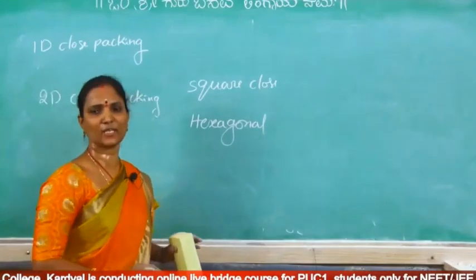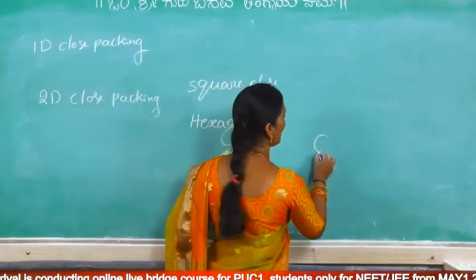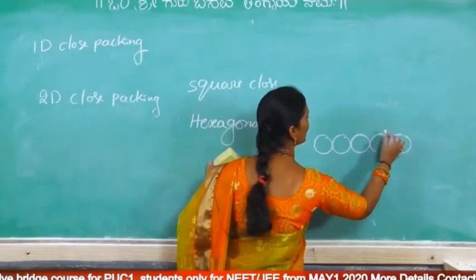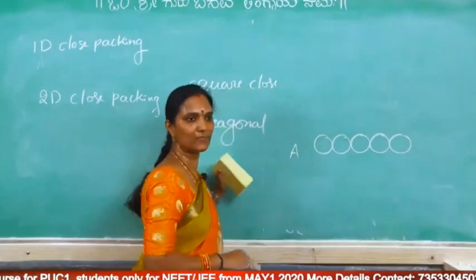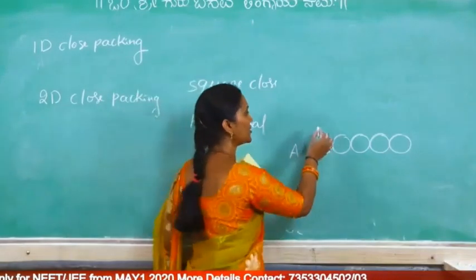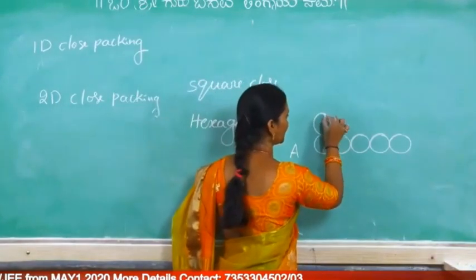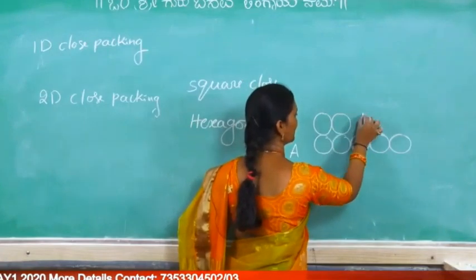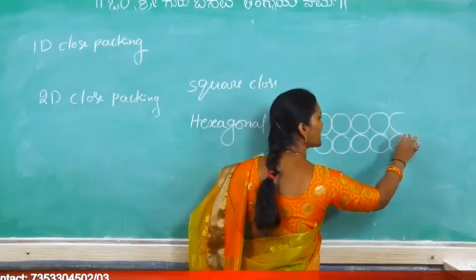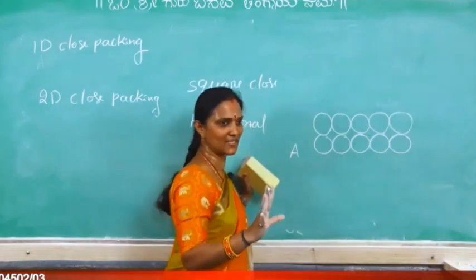So what is square close packing? The particles are arranged like this. This is A, this arrangement. The next layer I am also arranging in the same manner, nothing but the second layer spheres just above the first layer in the same positions.